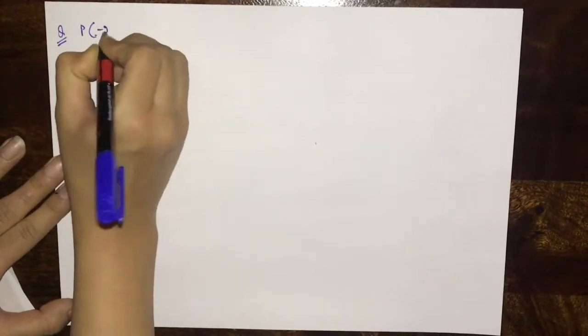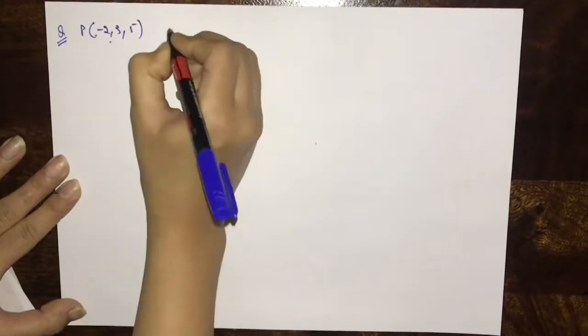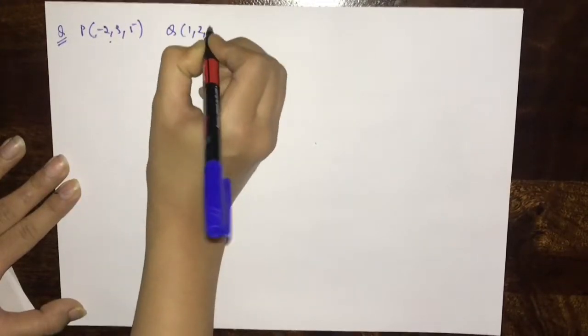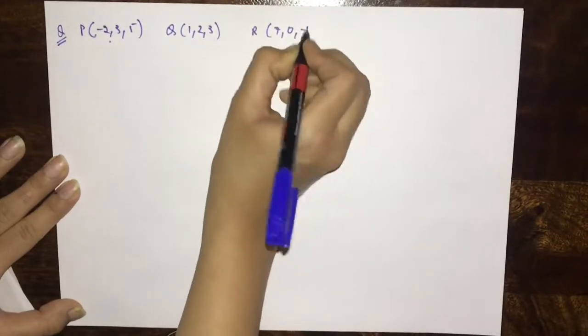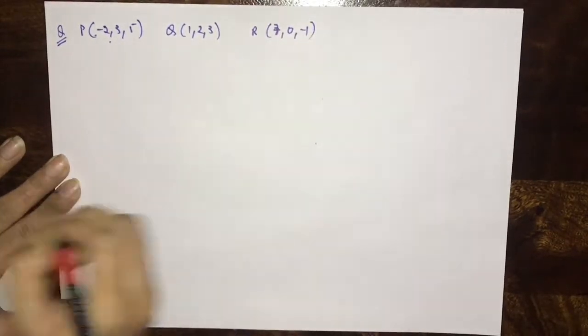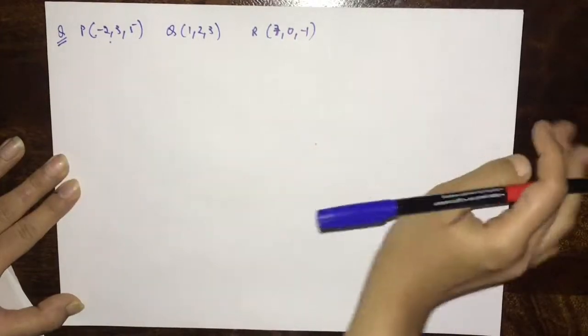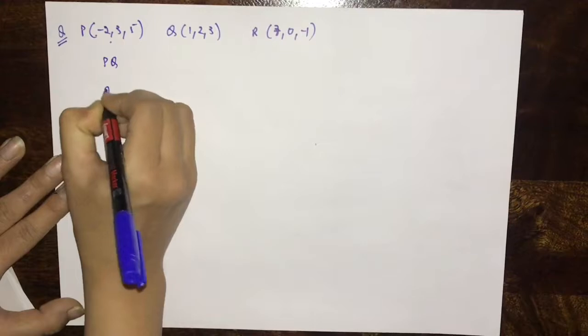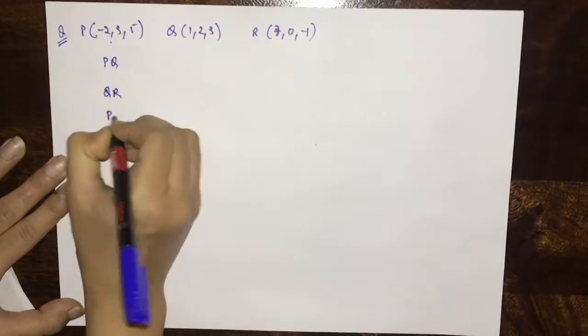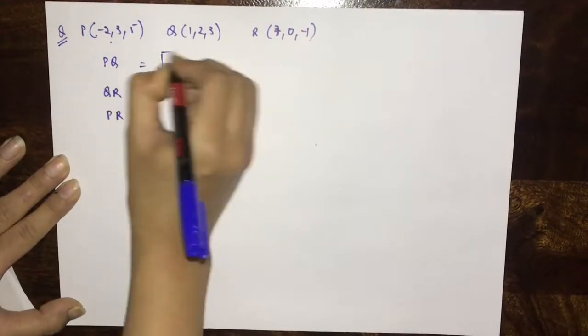So let me suppose 3 points: P minus 2 comma 3 comma 5, Q 1 comma 2 comma 3, and say R 7 comma 0 comma minus 1. You need to prove that these 3 points are collinear, which means we'll find PQ, we'll find QR, and we'll find PR. Use the distance formula.